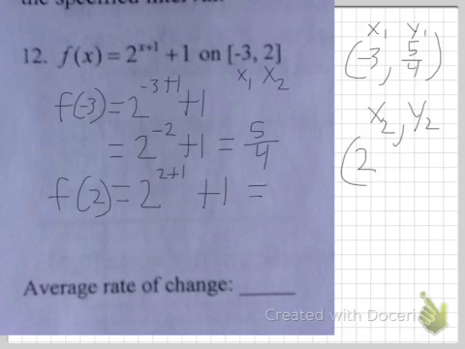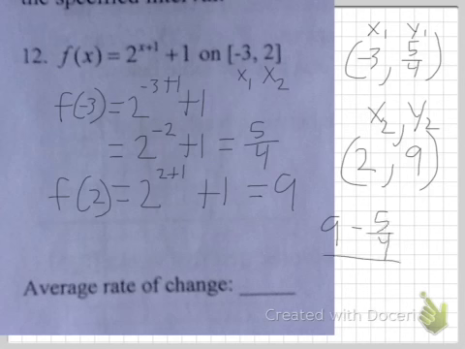And you can work that out, or I'm running out of time, so I'm just going to tell you that it is 9. So now I just put this in y2 minus y1 over x2 minus x1, so 9 minus 5 over 4, over the top of 2 minus negative 3. And I am just about out of time, and so I'll let you just work that out on your own.